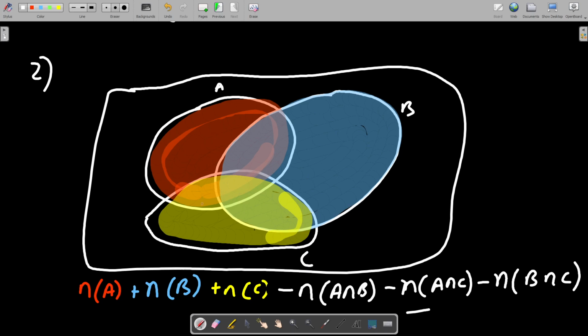We have subtracted all the common regions, but what have we done here while doing this?